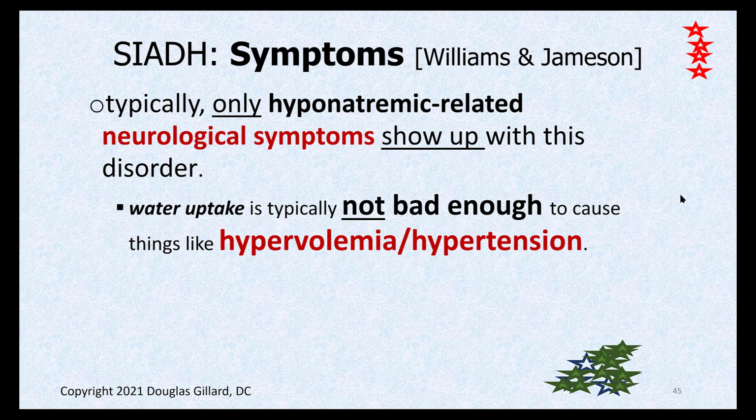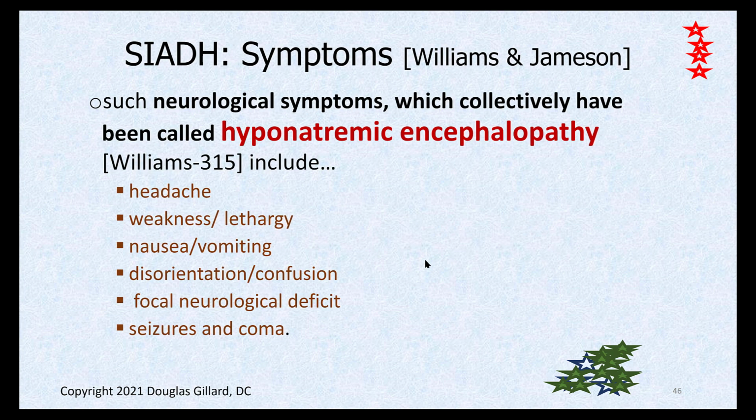Symptoms of SIADH. Well, hyponatremic symptoms. And those are all neurologic basically. So neurologic symptoms, we'll look at those in a second here. And again, the water uptake's not bad enough to cause really a bad hypertension, so don't rely on that. Neurological symptoms can get severe, and that has a word as well. It's called hyponatremic encephalopathy.